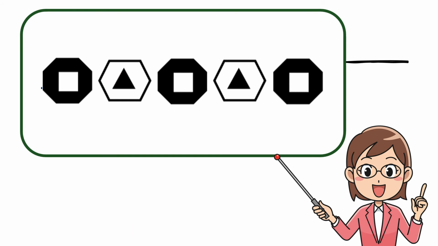Observe that figure 1, the shaded octagon with square inside, is in the first, third, and fifth terms of the set, while the hexagon with a shaded triangle inside is in the second and fourth terms of the set.